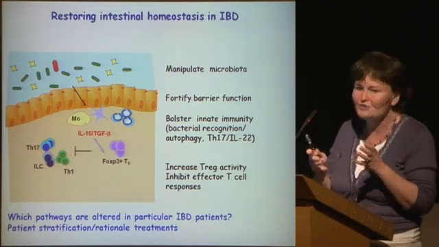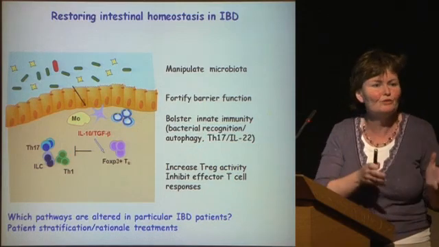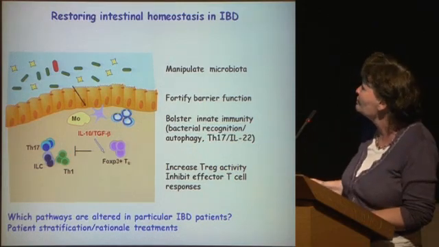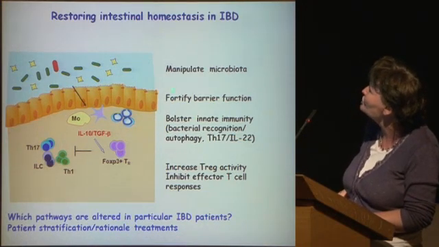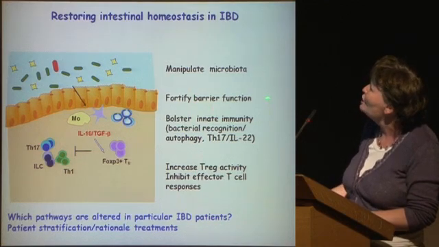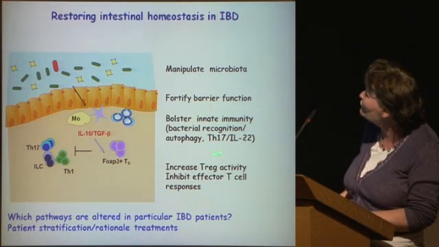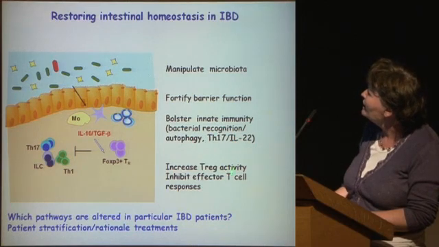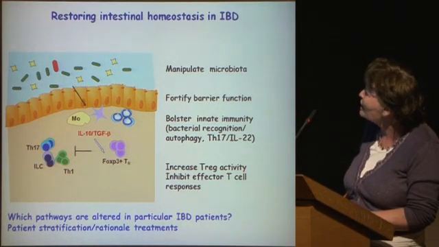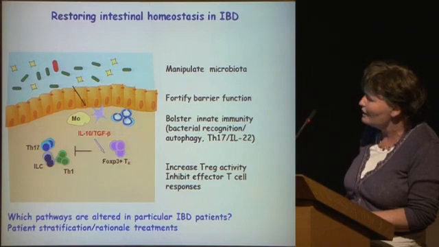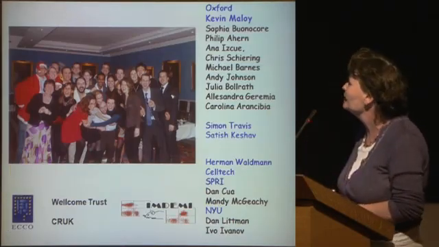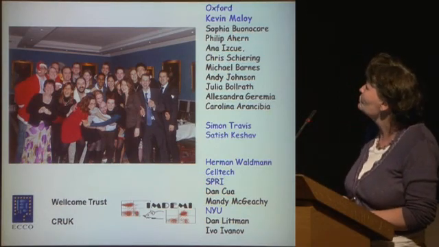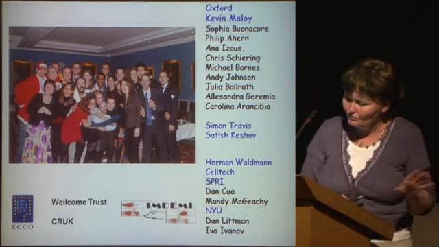So we need to understand what are common pathways and what are more individual pathways. And we might want to consider different types of treatment depending on where the lesions are. Manipulating the flora, fortifying barrier function, bolstering innate immunity, autophagy and bacterial regulation, and perhaps manipulating these adaptive responses that I've mentioned to you. And of course, patient stratification will be crucial in being able to try to address these issues. I want to stop now.